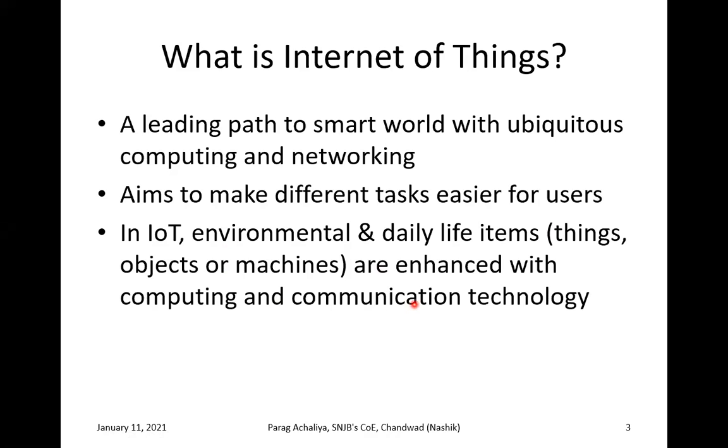The communication technology can be different, like Wi-Fi, Bluetooth, or any other technology, with the help of which the daily items or the environmental conditions will be communicated to the machine. The environmental condition can be the temperature or the humidity; all these things will be communicated.